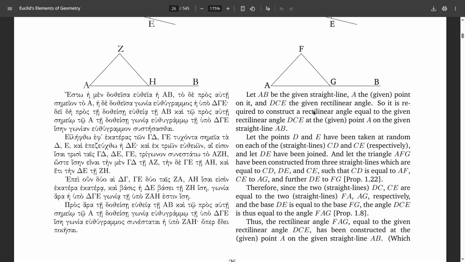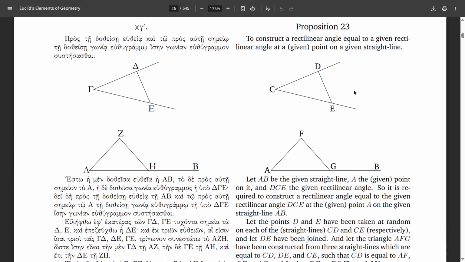So to recap, you take this straight line, and then you have a reference angle C. You pick an arbitrary length, this length here, and you create a circle with that radius. Then you find this one.